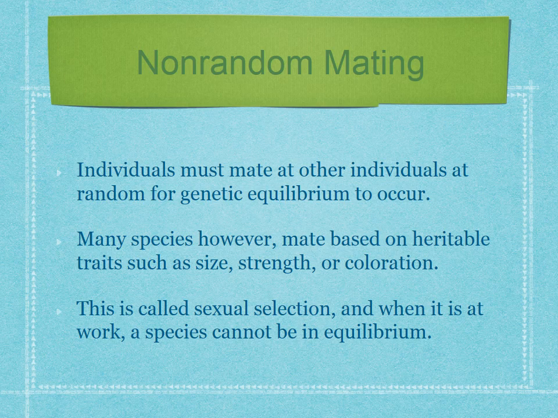Some species even mate based on the songs they give off, or other interesting rituals. This is called sexual selection. When sexual selection is seen in a species, equilibrium cannot work, because there is a selection based on traits.